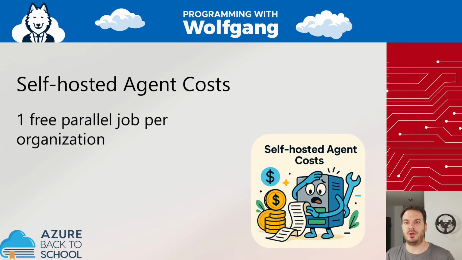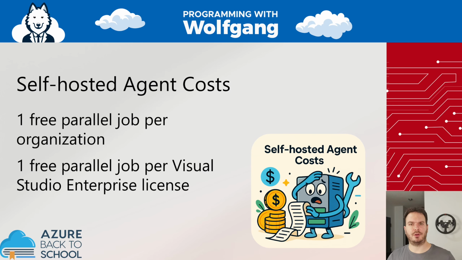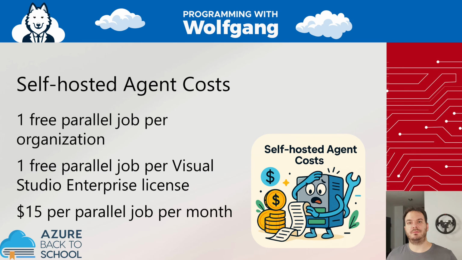Now, if you take a look at the costs, we get one free parallel job per organization. So that's the same as with the Microsoft hosted agent. And something I forgot to mention before is you also get one free parallel job per Visual Studio Enterprise license. With the Microsoft hosted agents, you also get an additional agent, but with the self-hosted one, we just get the parallel job. And since we are responsible of taking care of the infrastructure and everything, we pay less.